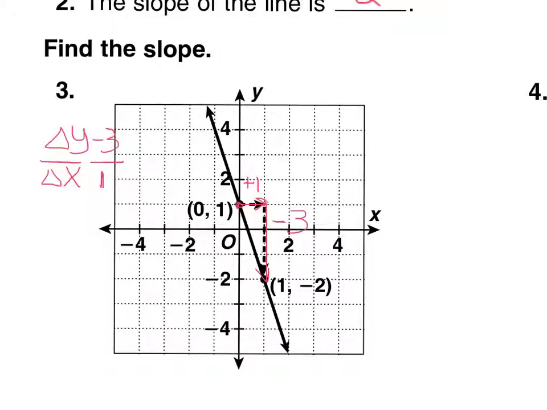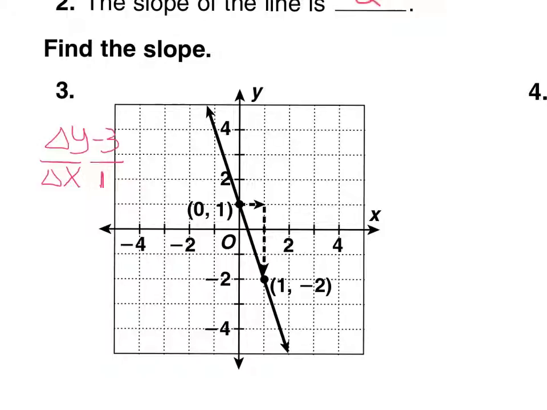Now, I don't like this example particularly. I would suggest that no matter which of the points you start on, always move up or down first. Only because it helps us remember that that first number that we calculate goes in the first spot of our fraction, or on the top.